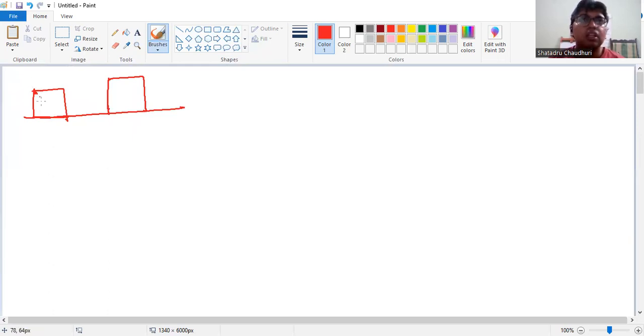Now this is mass M1 and this is mass M2. अभी क्या है कि हम लोग now these two masses are connected by a string, and now I am pulling the mass with a force F, and due to which the acceleration is obviously in this direction.